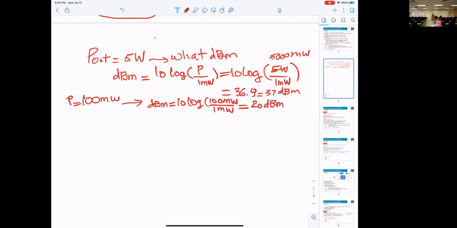Okay, if not, now we go the other way. Okay, given 33 dBm. We want that to be in watt or milliwatt.